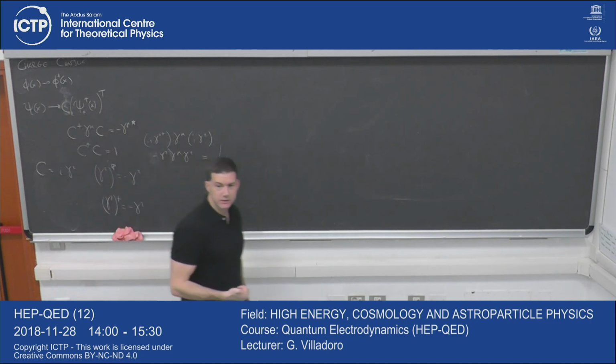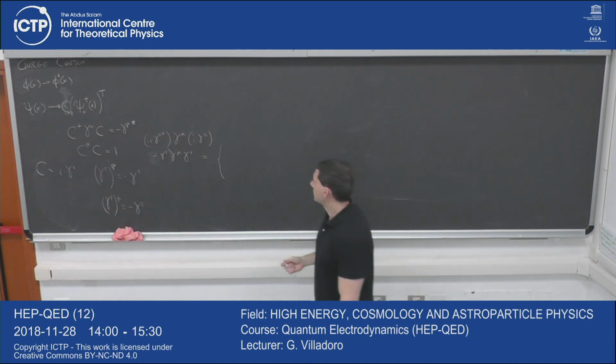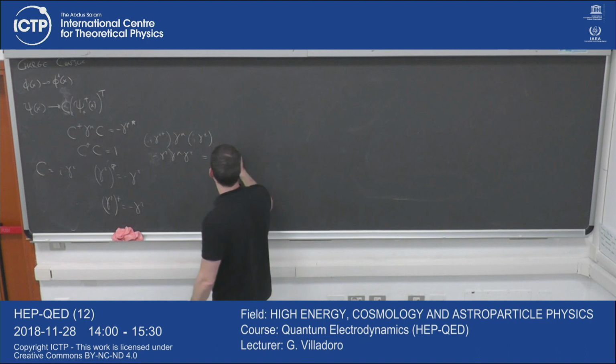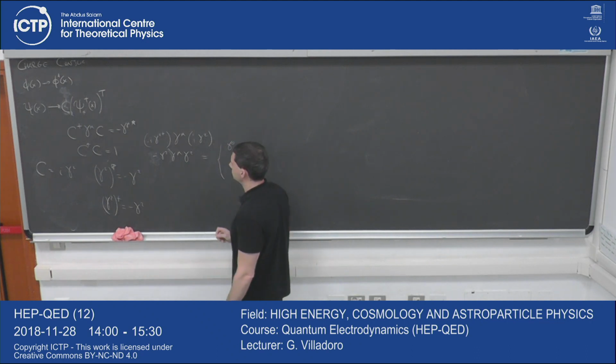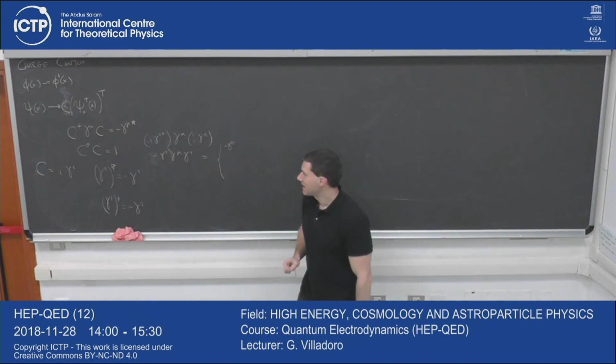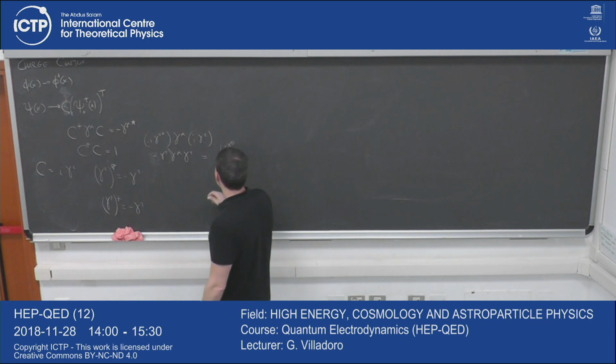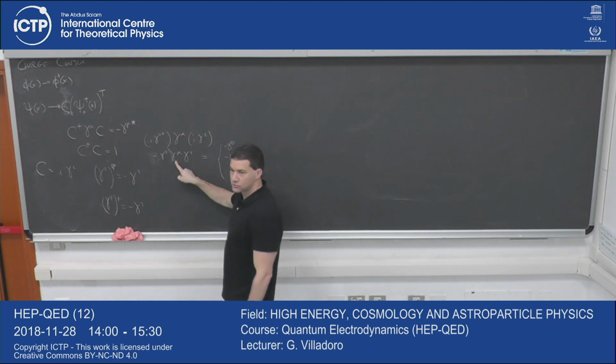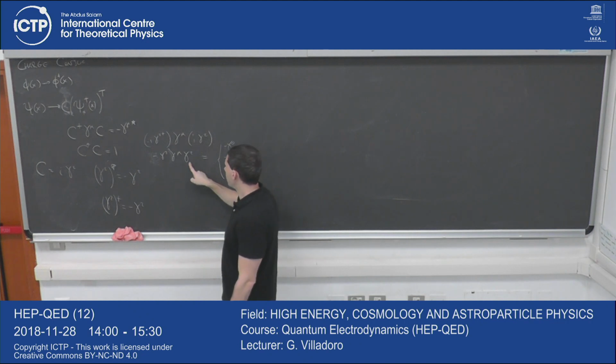So for gamma 0, which anticommutes with gamma 2, you get minus gamma 0. For gamma 1, which anticommutes, you get minus gamma 1. For gamma 2, you get gamma 2 squared, which is minus 1, so you get gamma 2.